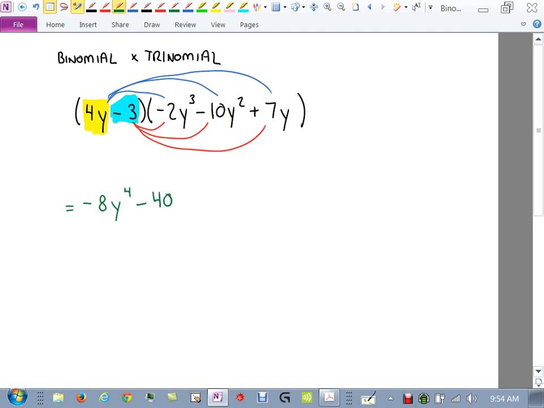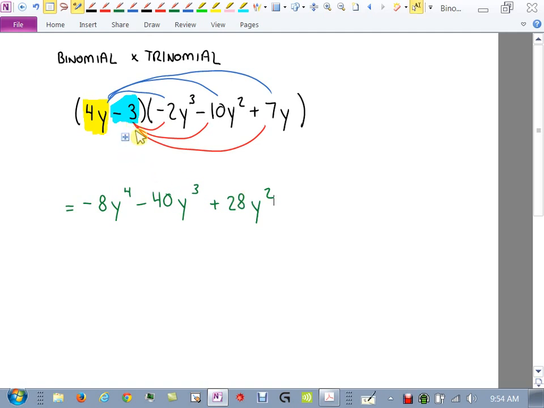Negative 40, and then y to the 3rd. I've done 2 of the 6. Now 4y times positive 7y. 4 times 7? Positive 28. Y times y? Y squared. Okay, halfway there.